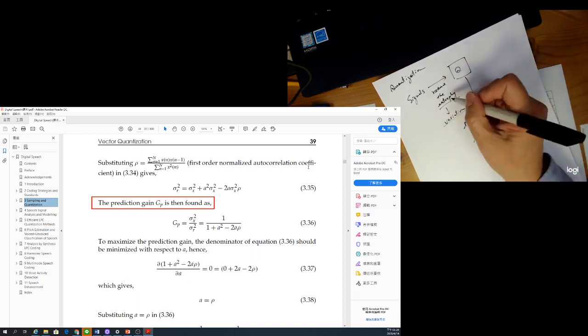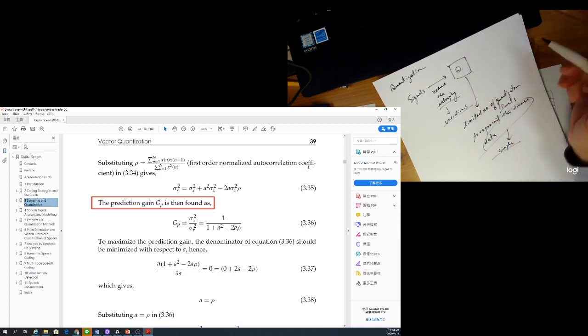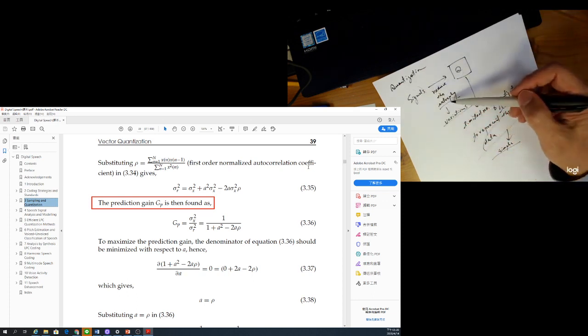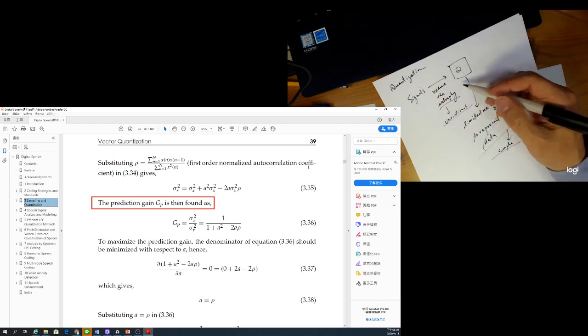So we do some pre-processing to make the diverse data a little simpler, not so diverse, which makes your quantization prediction gain better. The main idea is to make your signal entropy lower.